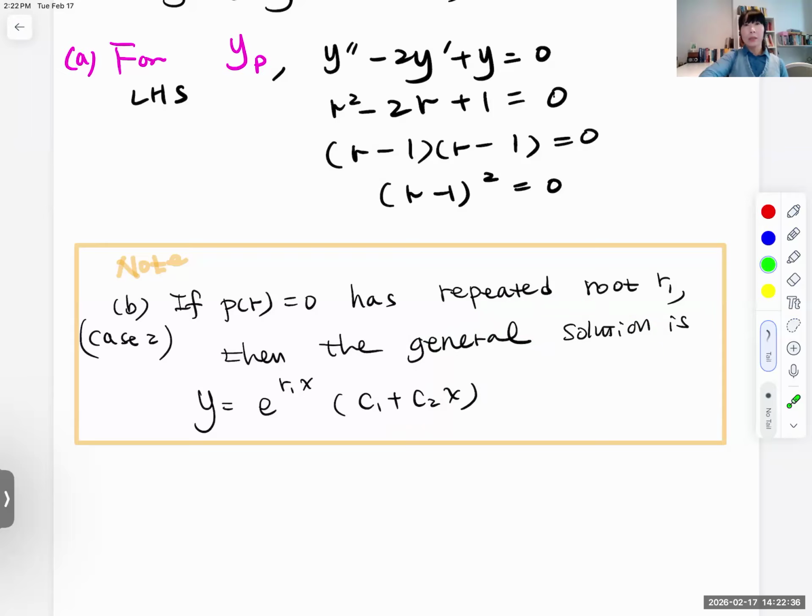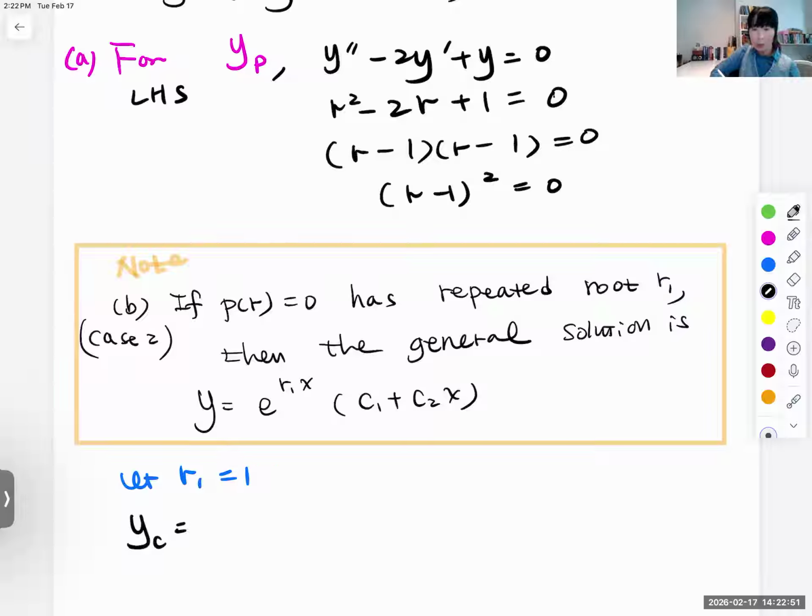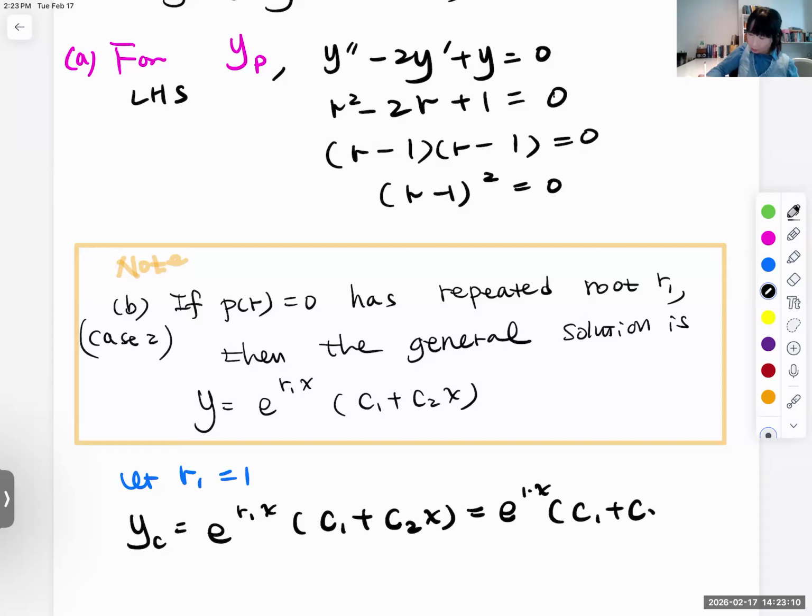So let r sub 1 equal 1. Following this, there will be e to the r sub 1 x, which is 1 times x, times c sub 1 plus c sub 2 x.